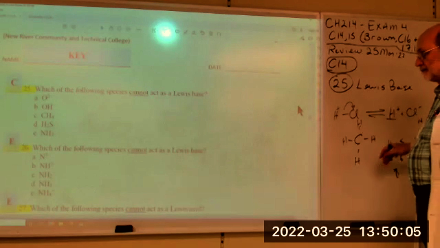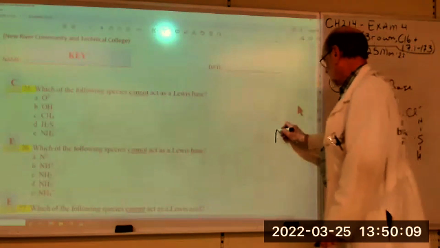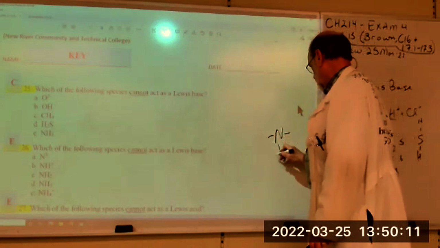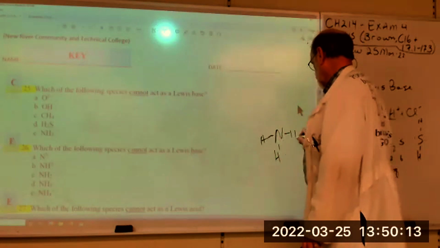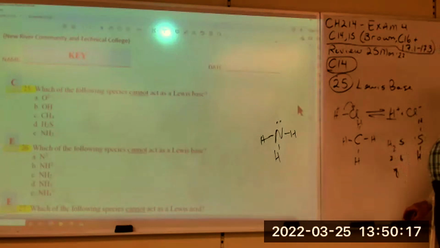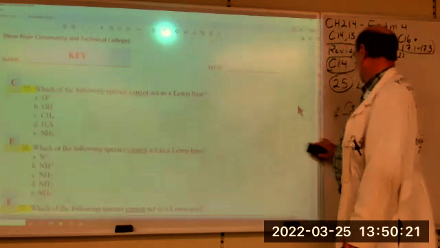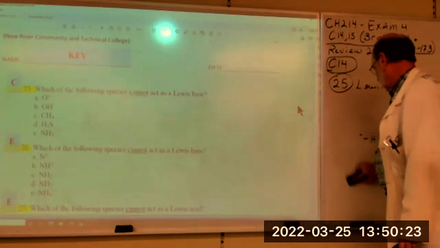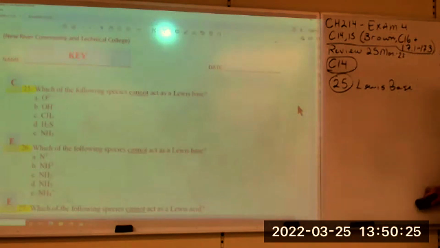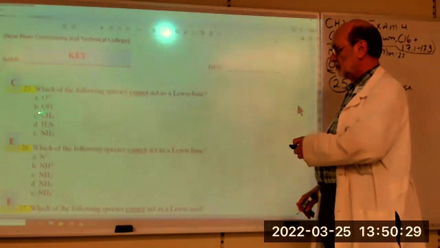So it's a base. And NH3, there's your pair to donate. So it would make a Lewis base too. Right, so the only one that doesn't have any electrons to donate is ethane.